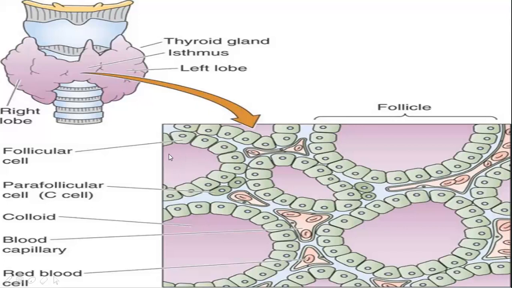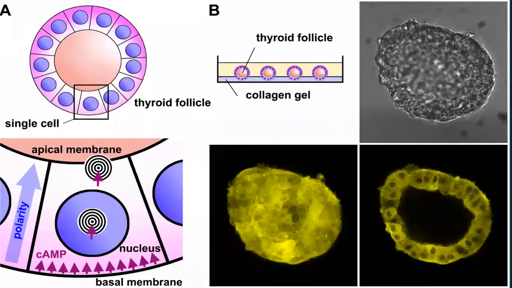And in the center of the follicle, we can see this purple color. This indicates the colloid, or the lumen of the thyroid follicle. So this is the thyroid follicle.